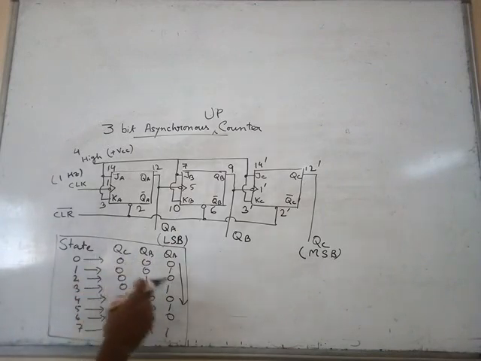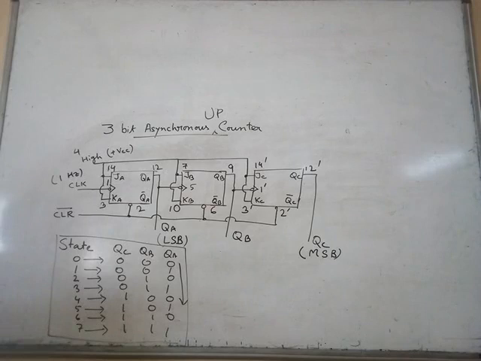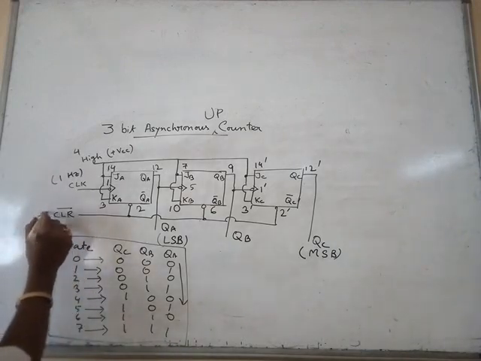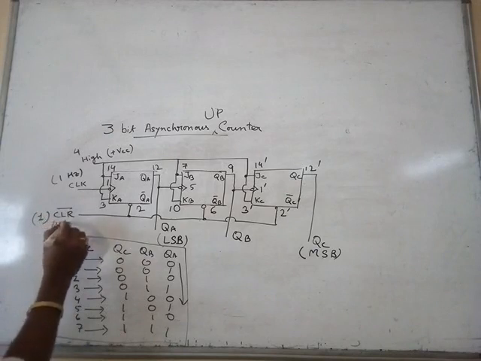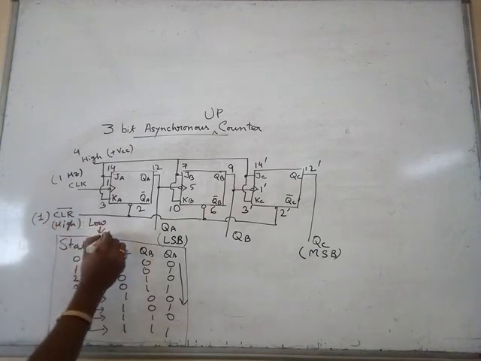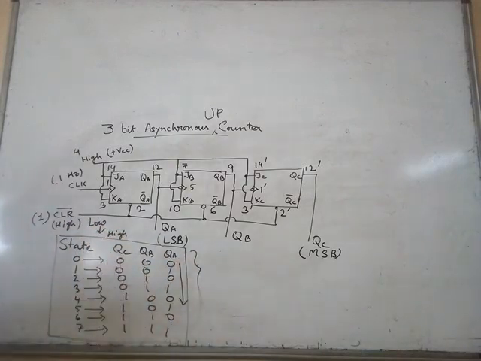That is 000, 001, 010, 011. If we want to restart from the beginning, then you have to switch off this. It is always in one condition, high. If we lower this and then make it high, then the states will start from the beginning.